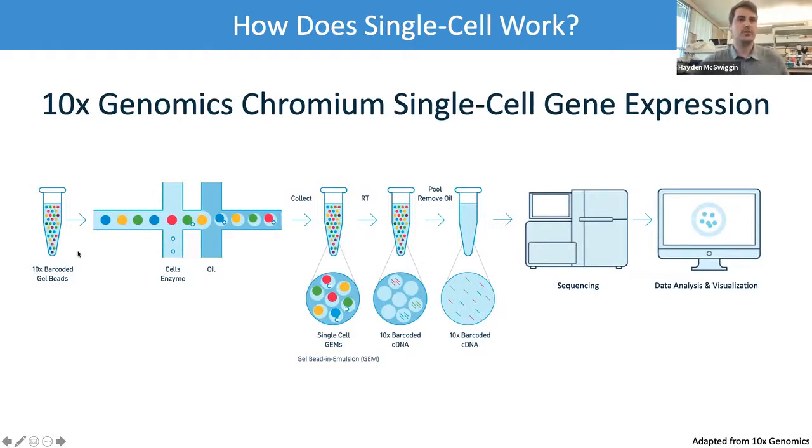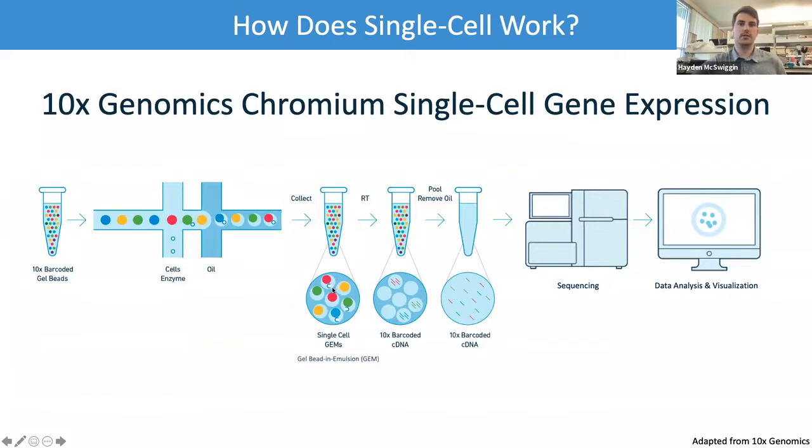You start off with these gel beads and your cells of interest, mix them together and hope to get one cell and one bead per nano droplet. In 10x Genomics language, they call these gems, which stands for gel bead in emulsion. We'll look at this more closely in the next slide.